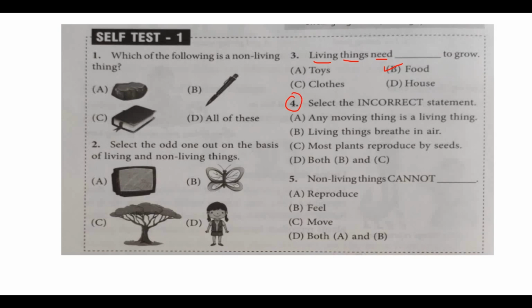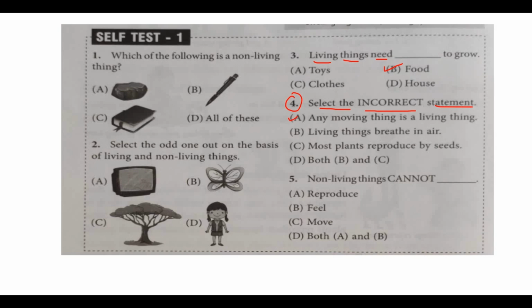Question number 4. Select the incorrect statement. We need to select the incorrect statement out of the 4 given statements. Statement A: any moving thing is a living thing. So we need the incorrect, not the correct statements. What do you say? Any moving thing is a living thing?